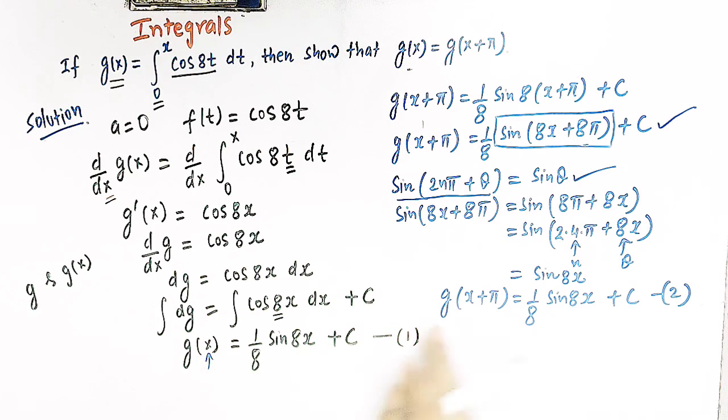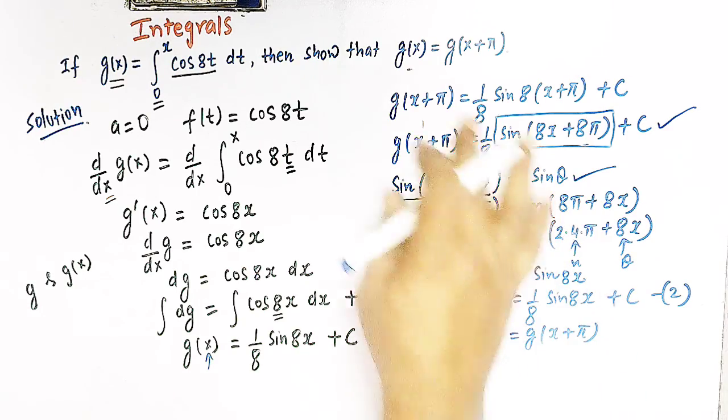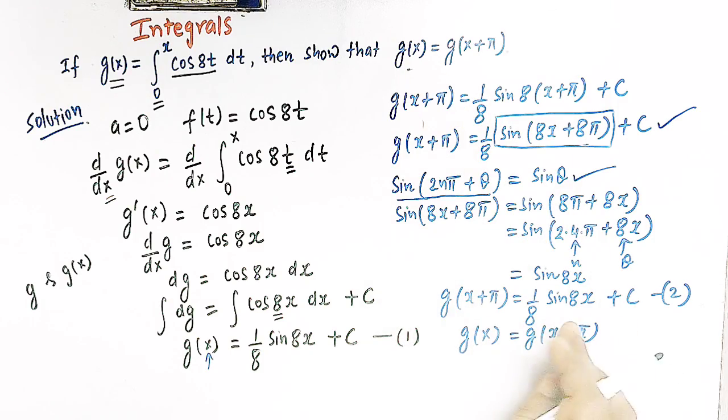So we can now write g of x is equal to g of x plus pi, and this is our desired result, because the right hand side of both these equations, equation 1 and equation 2, are the same, so the left hand sides should also be equal.